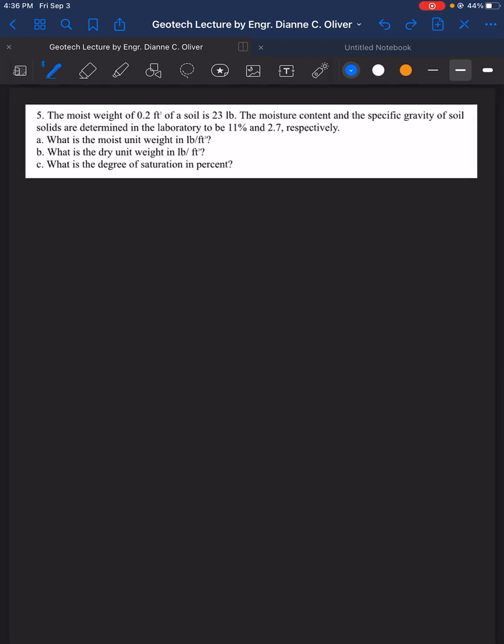Okay, let's write first the given. So we have here the moist volume is equal to 0.2 cubic foot, and then weight, so this is weight, not mass, 23 pounds.